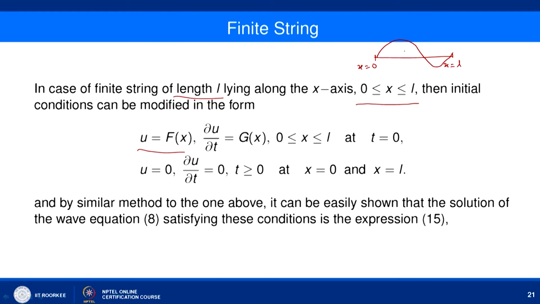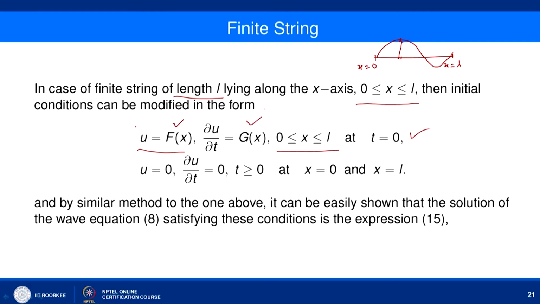So, this will represent that at this point your displacement from the initial condition is f(x). So, at any point if you look, you can find out the displacement, and let us say that the initial displacement is given by f(x), and the initial velocity is given by g(x), and it is true for all x lying between 0 to L and at t equal to 0. So, initial displacement and initial velocity are given.